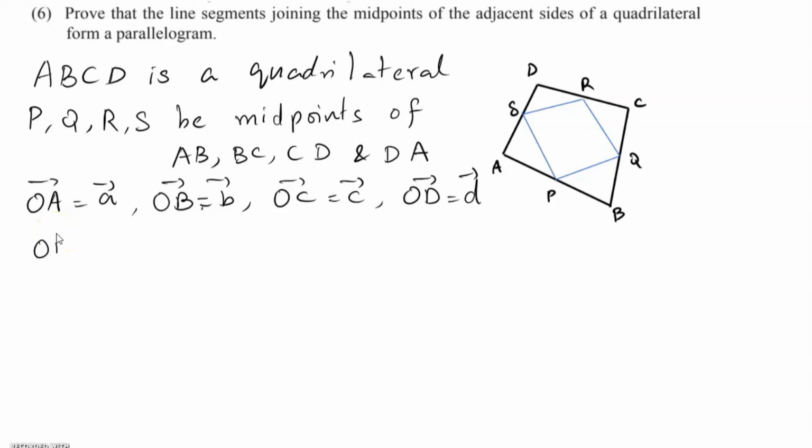Let's define OP, since P is the midpoint of AB, as vector A plus vector B divided by 2.